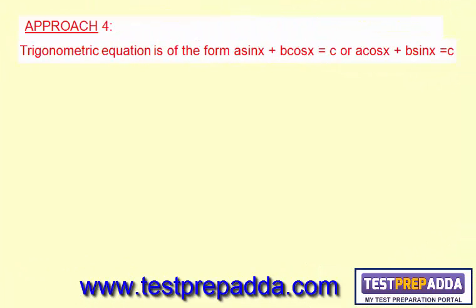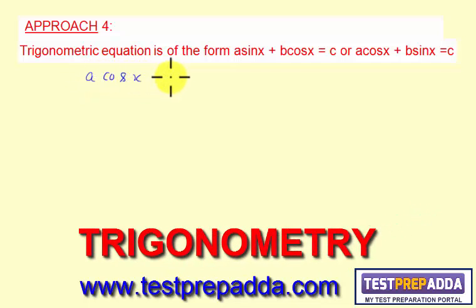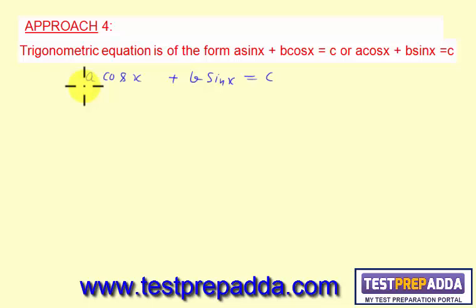Now I'll take another approach. Approach 4, where our trigonometric equation will be of the form a sin x plus b cos x is equal to c, or a cos x plus b sin x is equal to c. So how to deal with such type of equations? If I take a cos x plus b sin x is equal to c, dear students, recall the previous sessions of trigonometry where we discussed maximum and minimum values of a cos x plus b sin x.